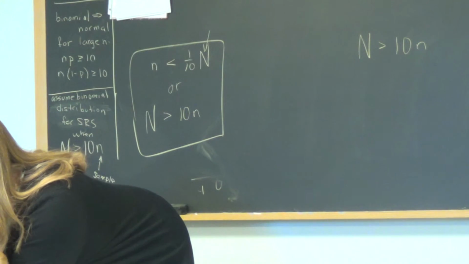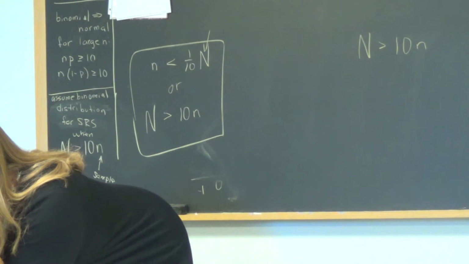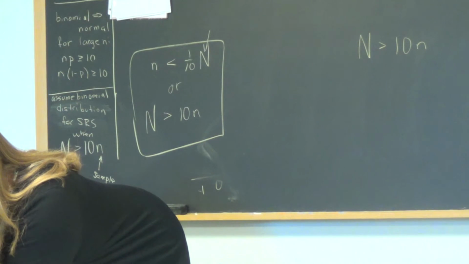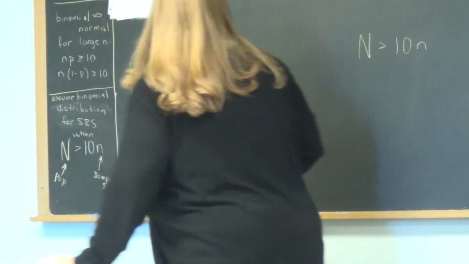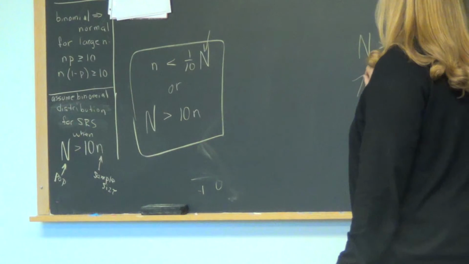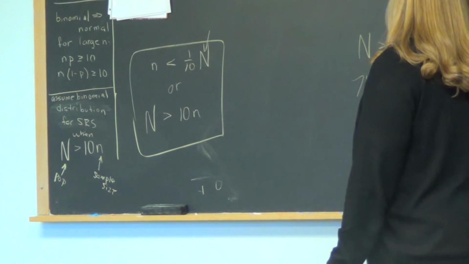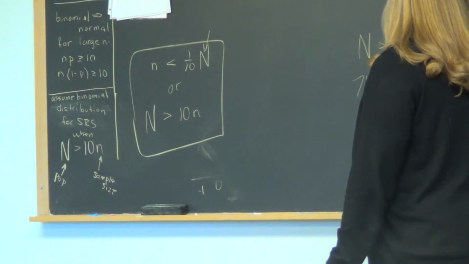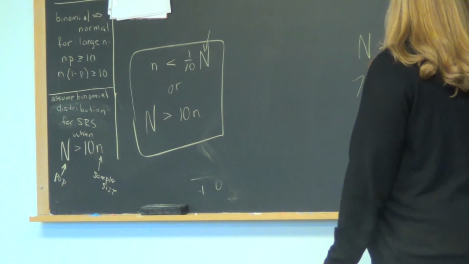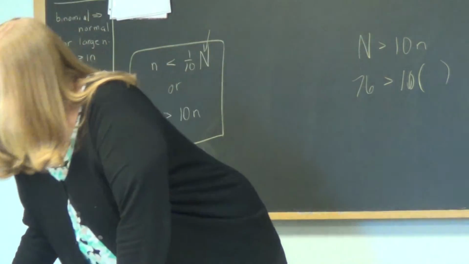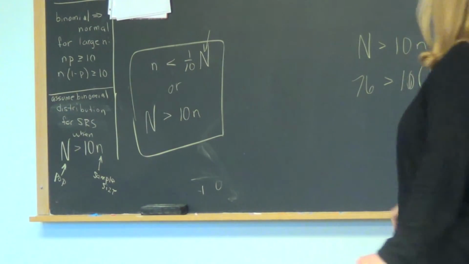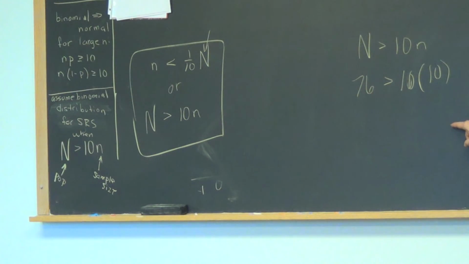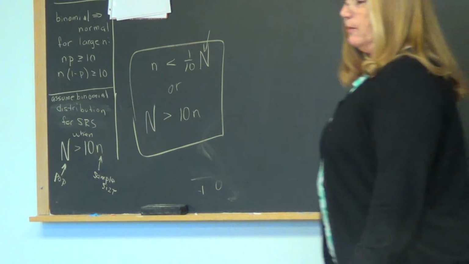The sample is 10 and there are 76 passengers. So 76 is our big number. Is that greater than 10 times our smaller sample size, 10? So is 76 greater than 100? No. It fails. So the answer to that one is no.